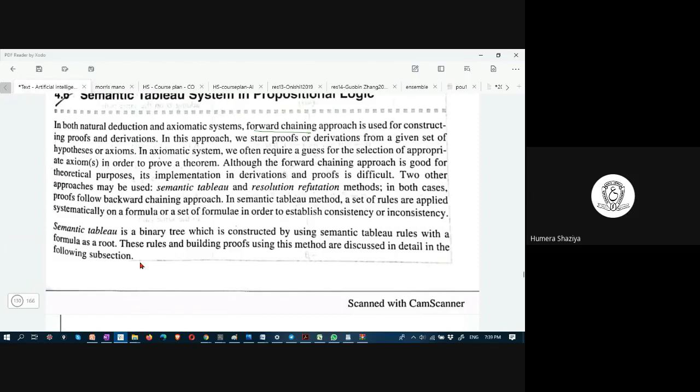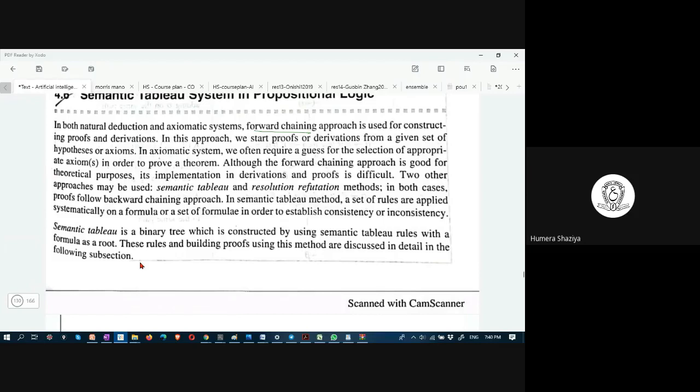Means whatever you are inferring is inferred by the application of rules from the hypothesis. Given some statements, you have to infer or derive some other statement. How can you do that? From the existing statements, when you apply different rules and operators, you get what you are looking for.